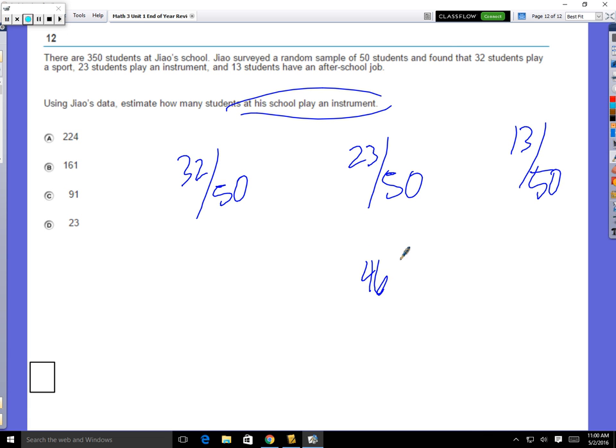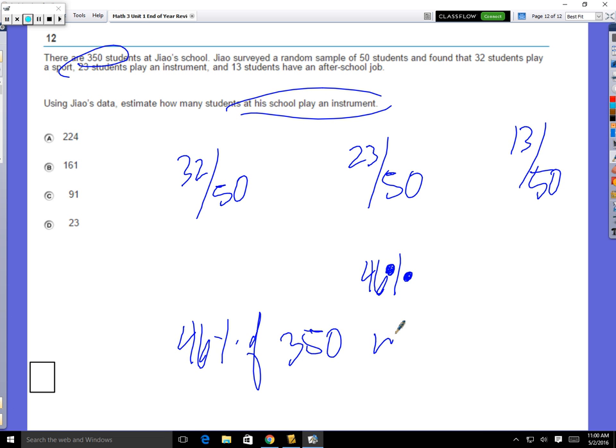That is 46%. So if 46% of his sample played an instrument, let's say that 46% of his school, which is 350, will also play an instrument. So 0.46 times 350. So probably close to 161 kids.